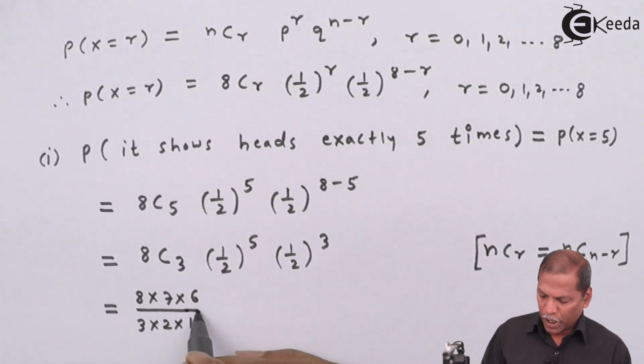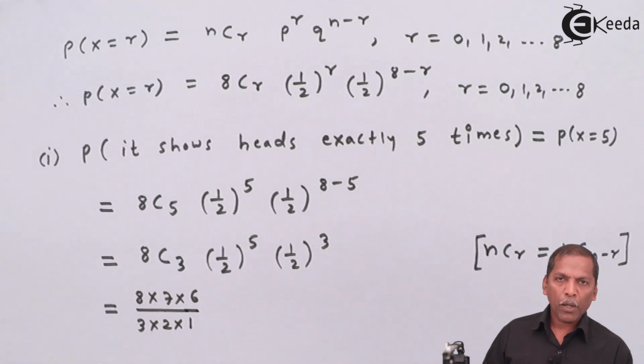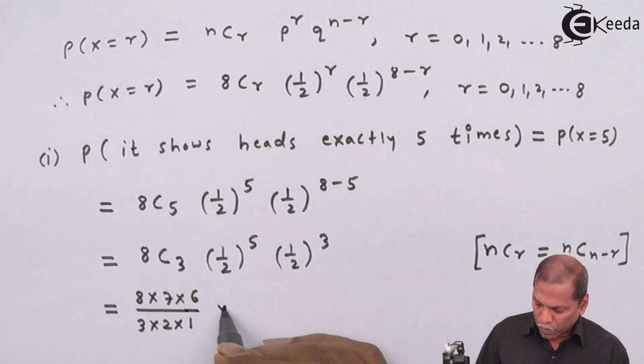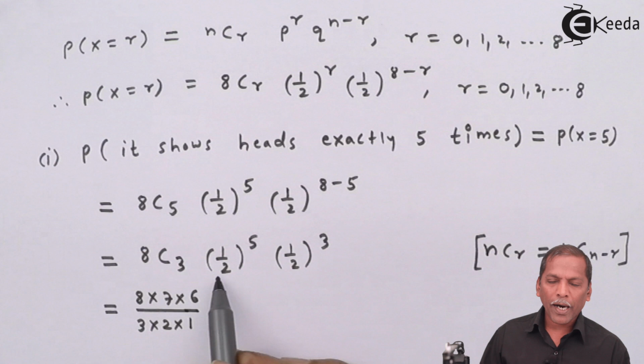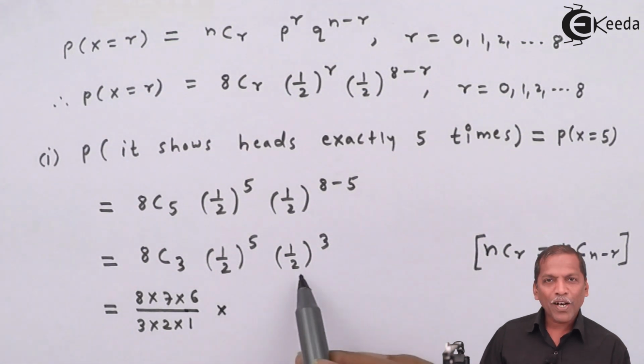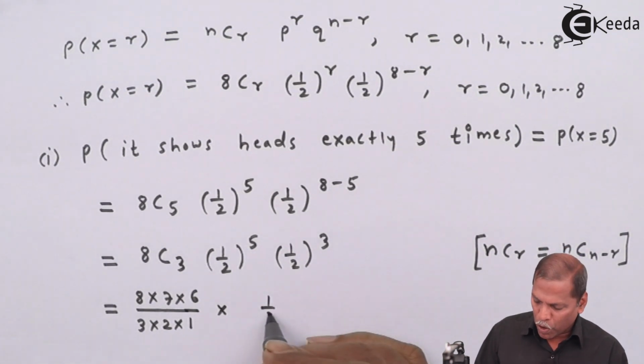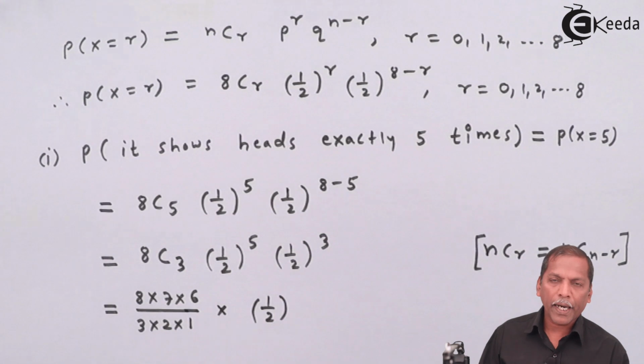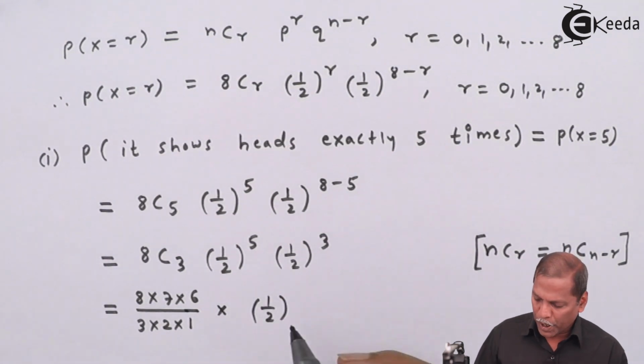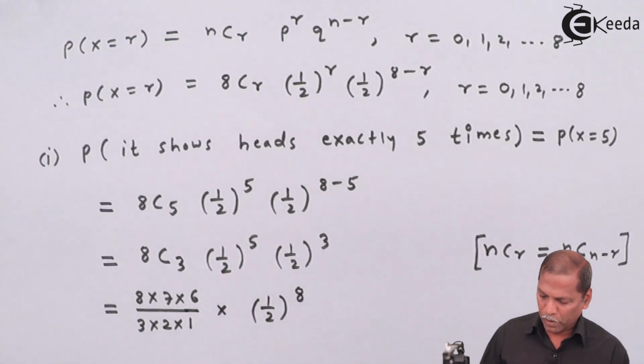As there are 3 numbers in the numerator, similarly we have 3 numbers in the denominator. Then into 1 upon 2 raised to 5 and 1 upon 2 raised to 3. By using the indices rule, we get 1 upon 2 raised to 5 plus 3, that is 8.